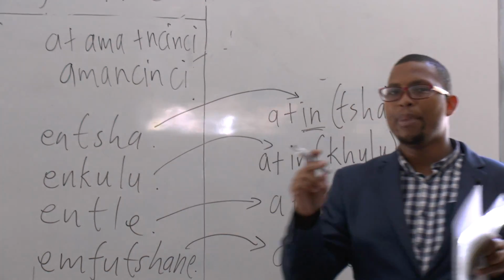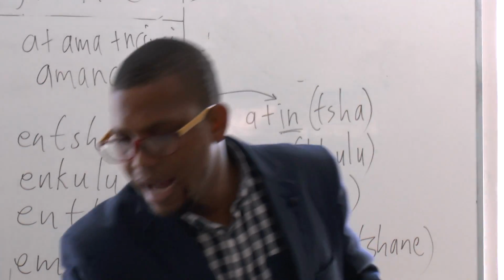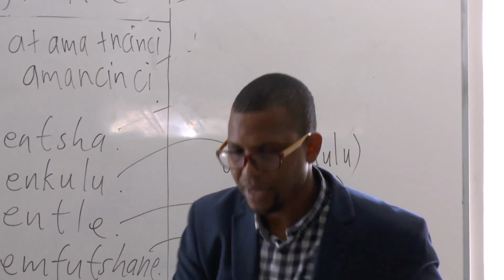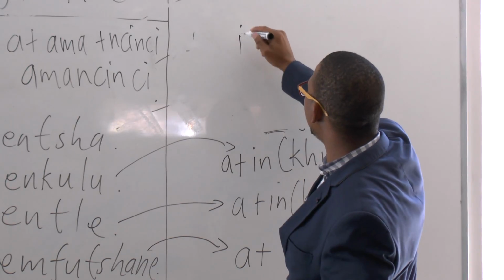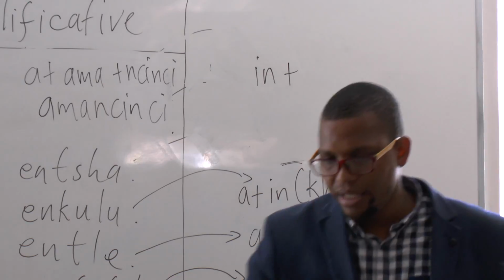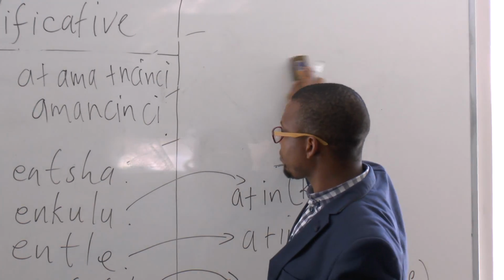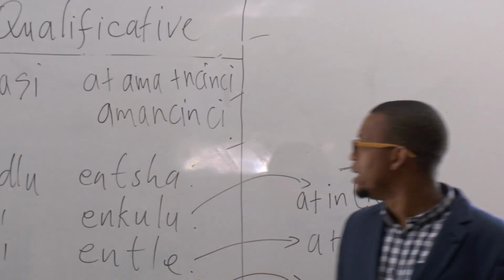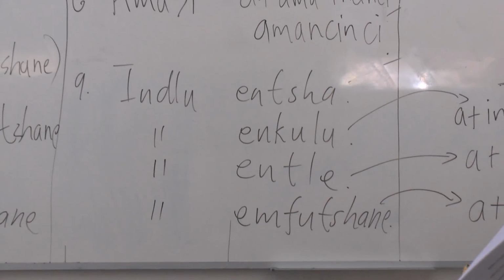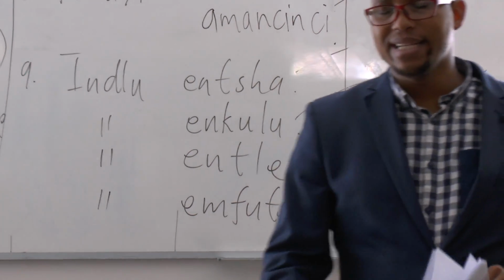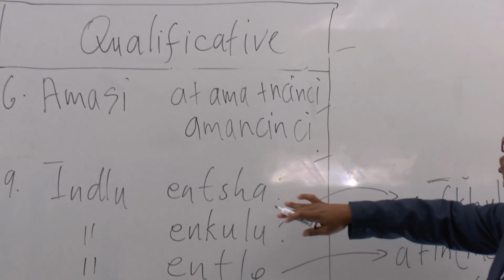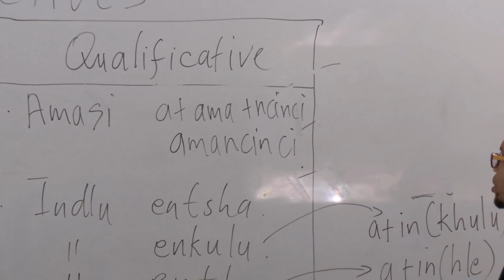Everything is just fine. But in the case where our nasal N, that is for the prefix, is followed by, okay, let's go straight to this example. Indlu enkulu, a big house. Indlu enkulu, we are dealing with an adjective as a qualificative. Then how did we get to this one?